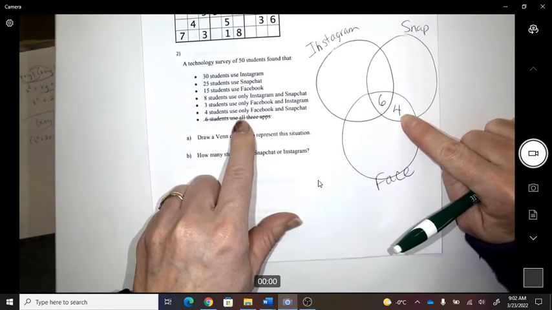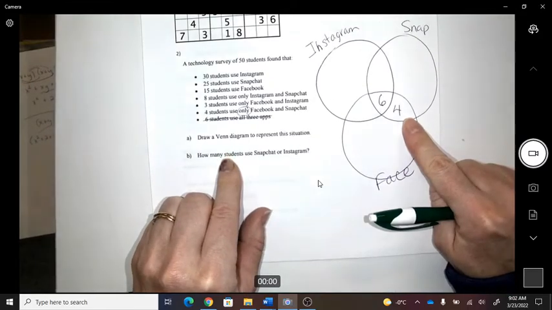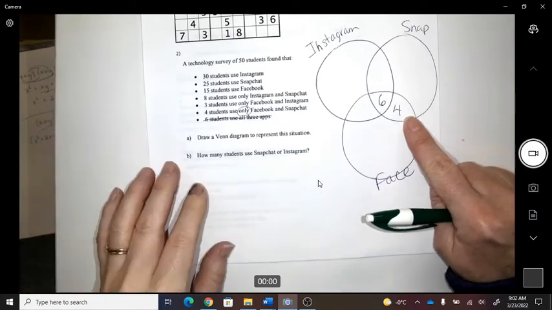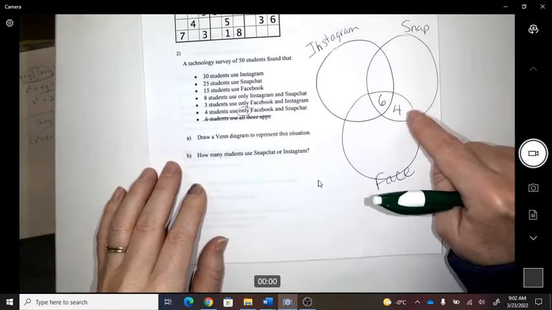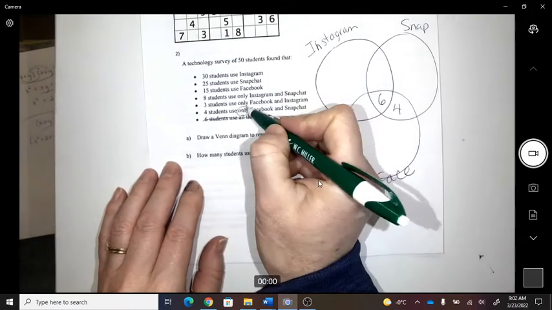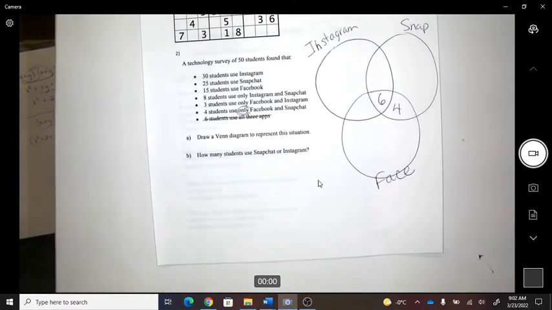Okay, and this time I use 4 because it says the word only. On the one we did yesterday, it would have said 10, and then we would have taken the 10, subtract 6, and put 4 there, right? But because this one says only, then I just put the 4 there. So don't be fooled.